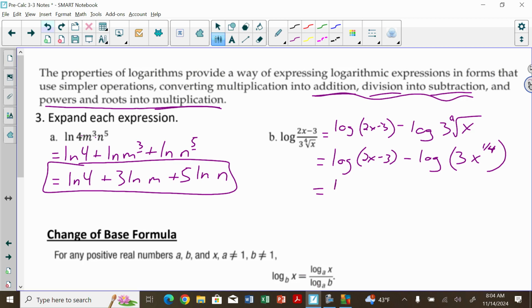All right, now, again, the first term, nothing different has happened here. The second term, though, I'm kind of distributing here almost. I'm just taking this minus the log and applying it to the 3 part, log 3. And then it's going to be plus the log of x to the 1/4, right?